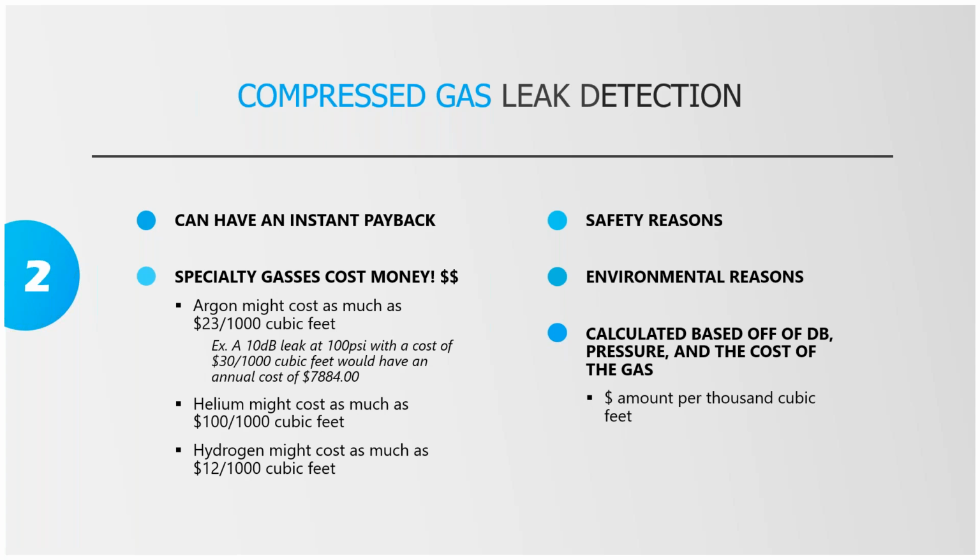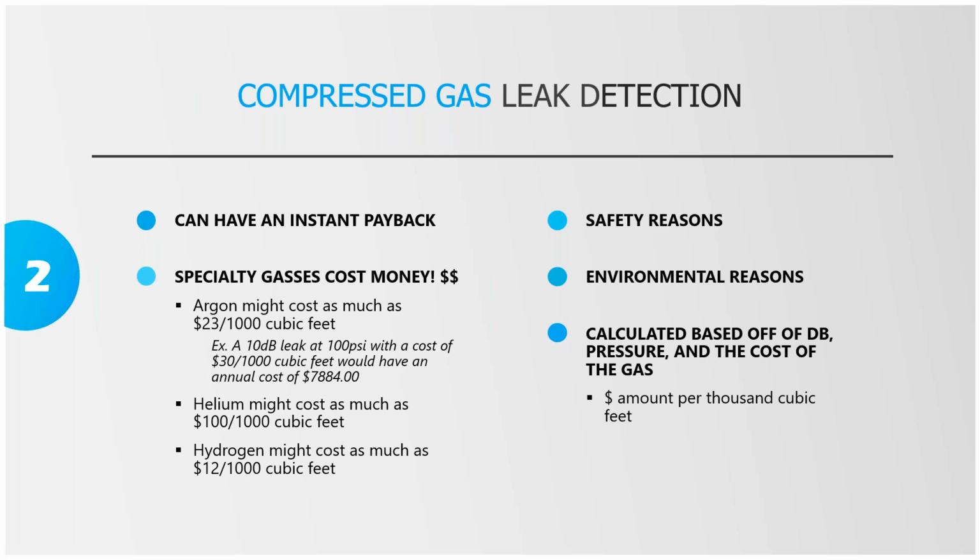Argon, some of the latest numbers that we've heard, as much as $23 per 1,000 cubic feet. Helium, tremendously expensive gas, could be as much as $100 per 1,000 cubic feet. Hydrogen, as much as $12 per 1,000 cubic feet. So in some cases, one leak that you find with an ultra probe may pay for itself.